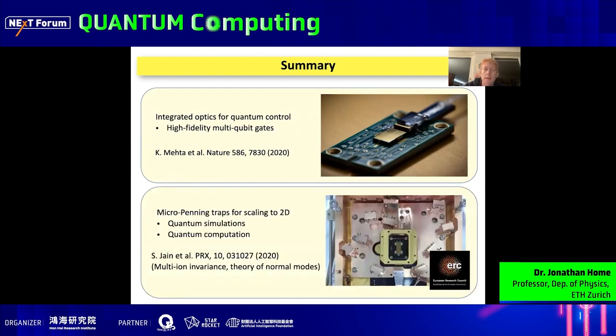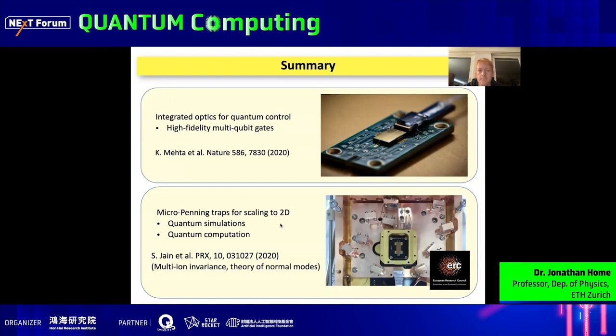And second, I have alluded to the fact that maybe in future, the key will be not scaling up based on radio frequency traps, but scaling up using Penning traps, with the corresponding getting rid of this high-voltage RF on the chips, which we think will open up possibilities in quantum simulation and quantum computation. You can read more in this theory paper. And the experiment is just trying to load ions, supported by the European Research Council.